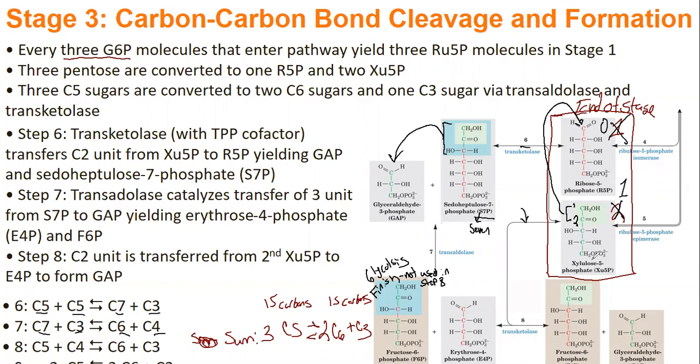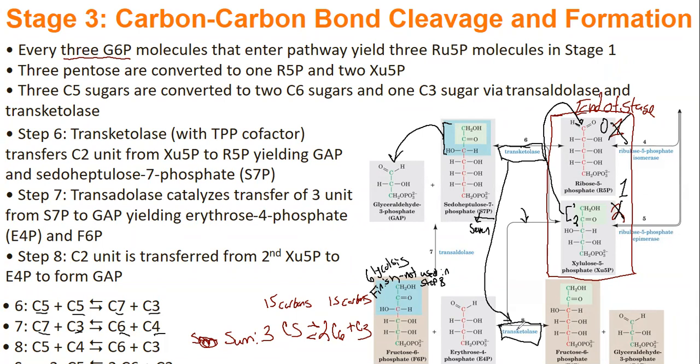In step 8, we're taking xylulose 5-phosphate, a different molecule of xylulose 5-phosphate, and we're taking erythrose 4-phosphate, and it's the same reaction. In fact, the enzyme types are the very same. They're both transketolases in step 6 and step 8, and the reaction is 100% the same.